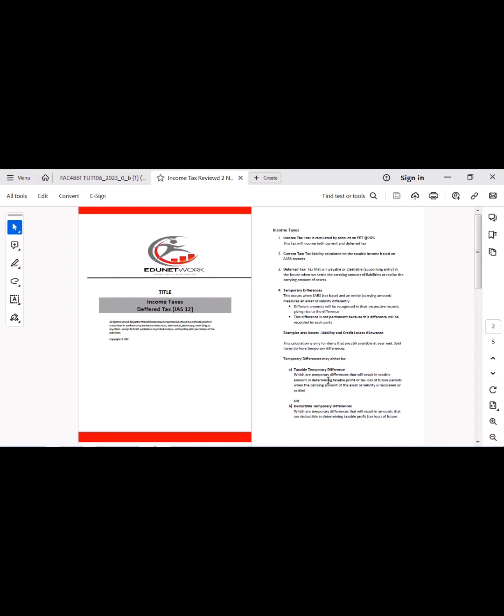A taxable temporary difference is a temporary difference that will result in a taxable amount in determining taxable profit. So what does all this mean? Let's go to the simple example that I'm going to show you.